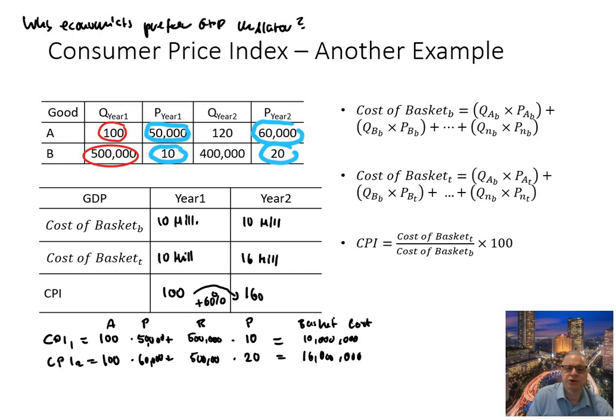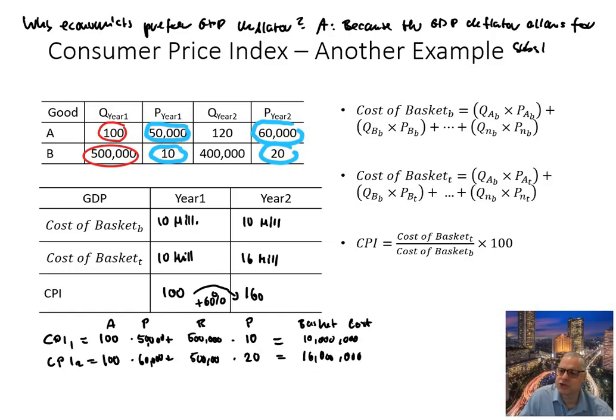That is supposed to read: why economists prefer GDP deflator, and the answer is because the GDP deflator allows for substitution effects as a result of price changes, which the consumer price index does not.